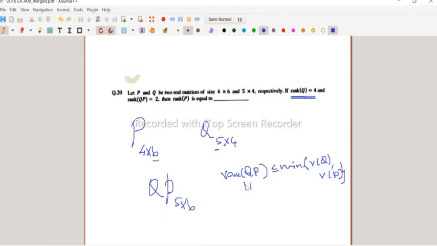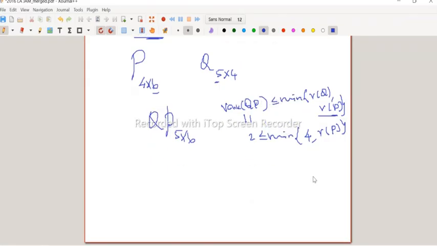But it is given in the problem that rank of QP is 2. So 2 is less than or equal to the minimum of rank of Q, which is also given, it is 4. Therefore 4 comma, but we don't know the value of this, so we keep rank of P. Now we know the upper bound for this one.